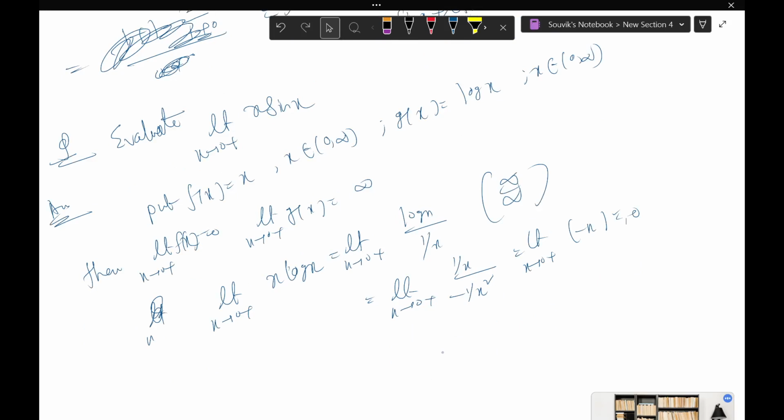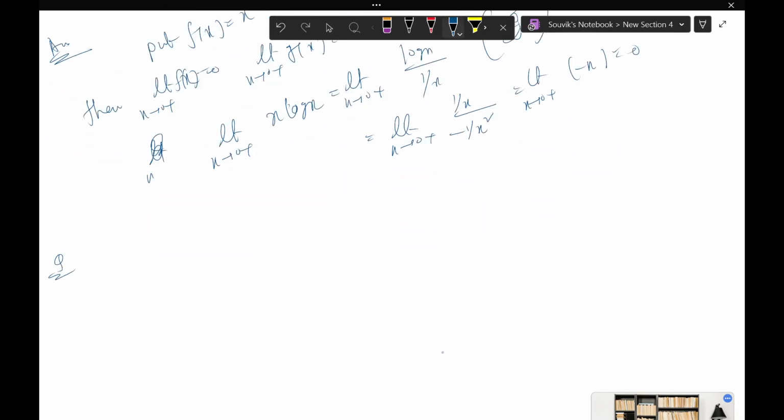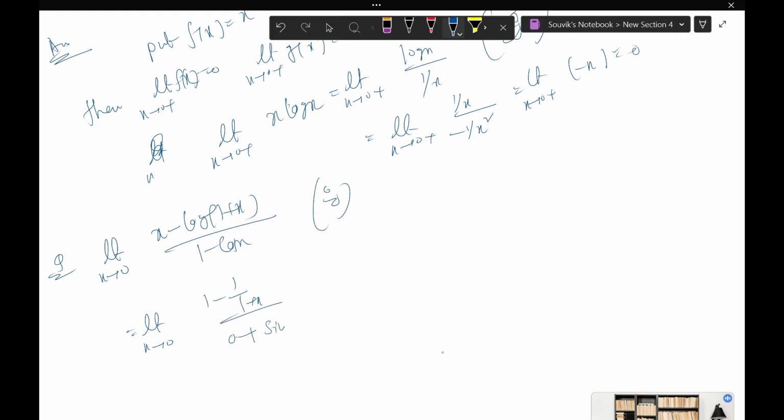Okay, let's do an easy one. Calculate the limit as x goes to 0 of x minus log of 1 plus x, by sin x. So observe that it is 0 by 0 form, right? Basically, this is limit x goes to 0 of 1 minus 1 by 1 plus x, over cos x.